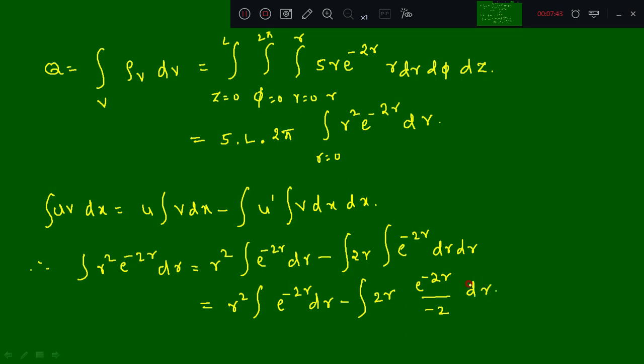Okay, so again if I reduce this, I am going to get this. If I reduce, it will become r square.